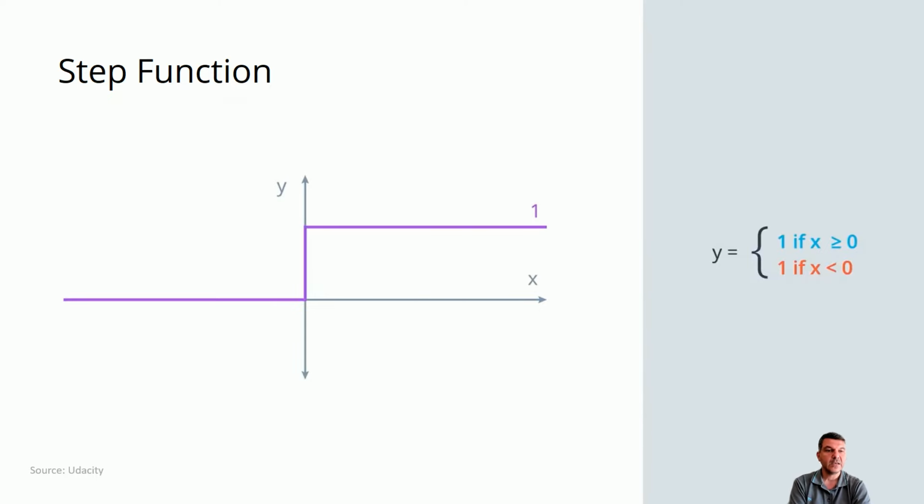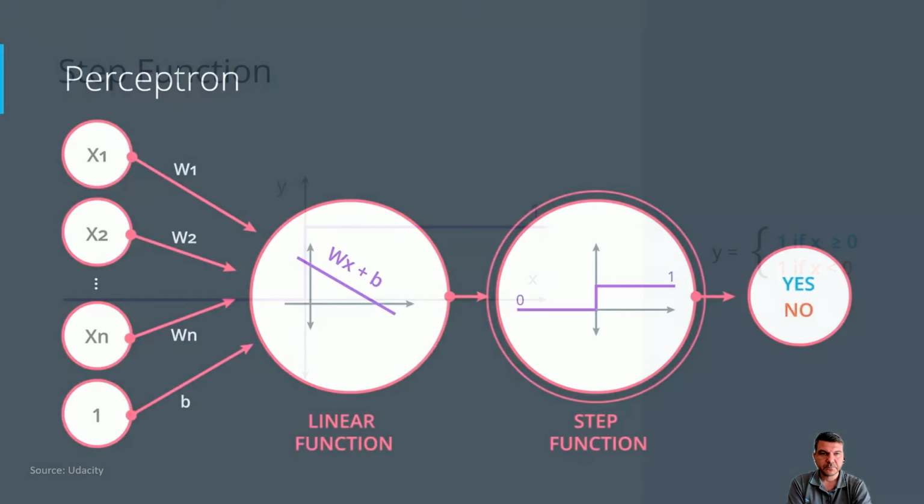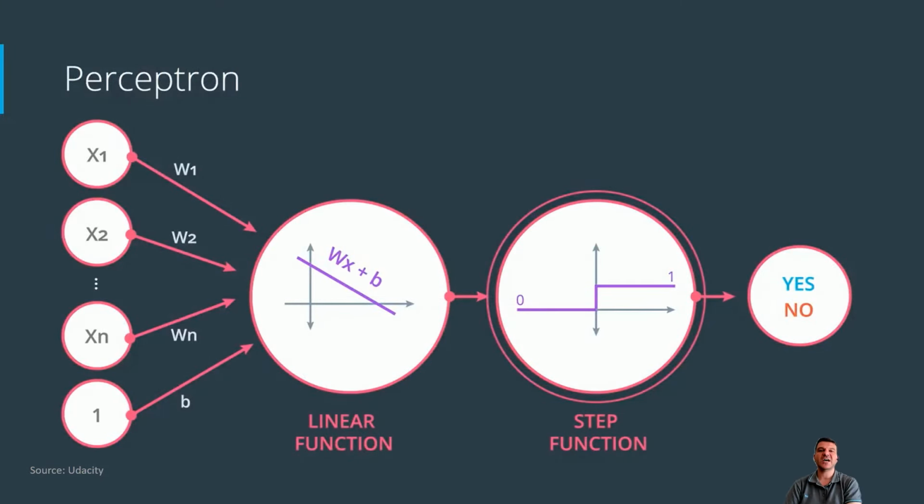Correct? Now, we can take this outside our linear function, because it's a decision-making process. I mean, we could say if the value is greater than or equal to 2, or if it is greater than or equal to 1.5, or whatever.